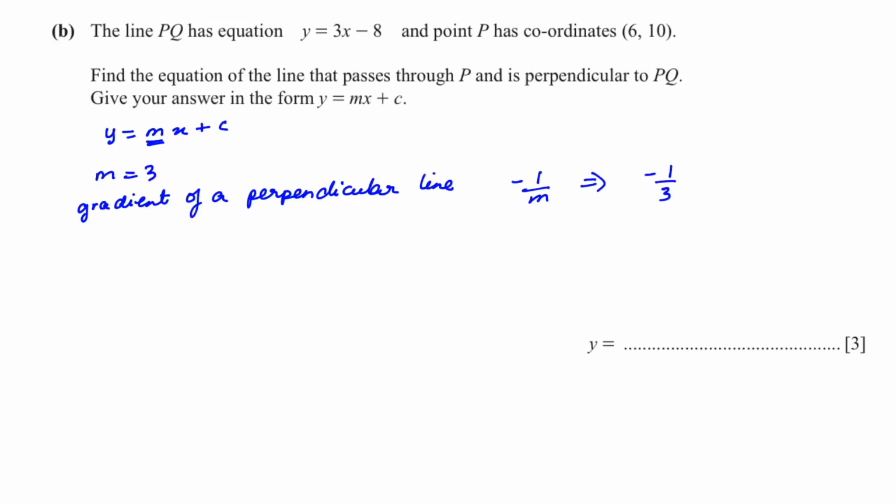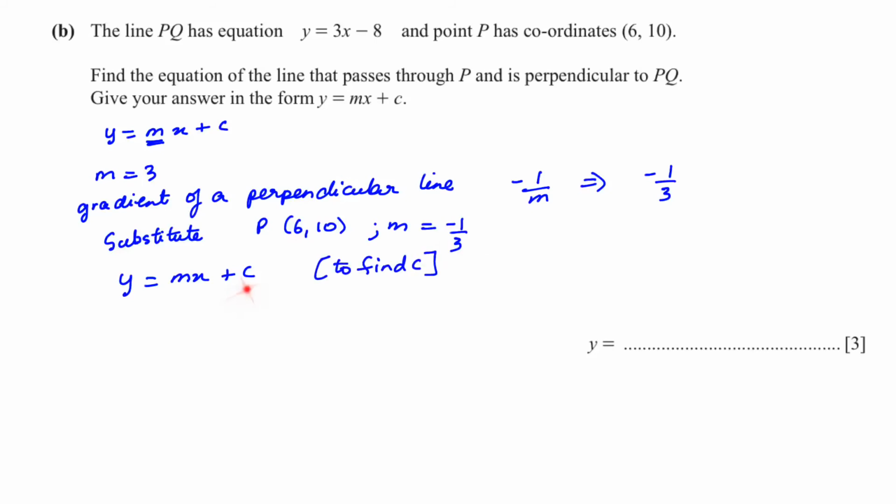Now substitute your P coordinate and the gradient that you have got in y is equal to mx plus c. We know that x is 6, y is 10 and gradient is negative 1 over 3. We do this to find c. So 10 is equal to negative 1 over 3 multiplied by 6 plus c. 10 is equal to negative 2 plus c.